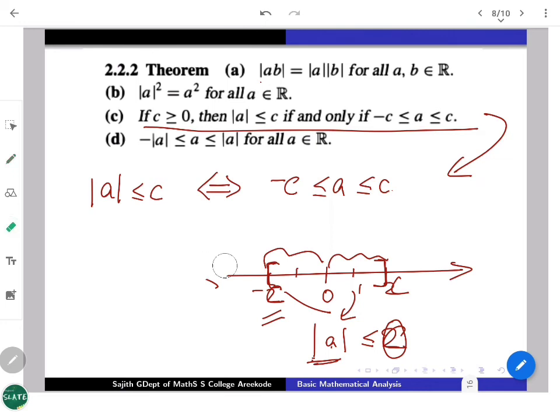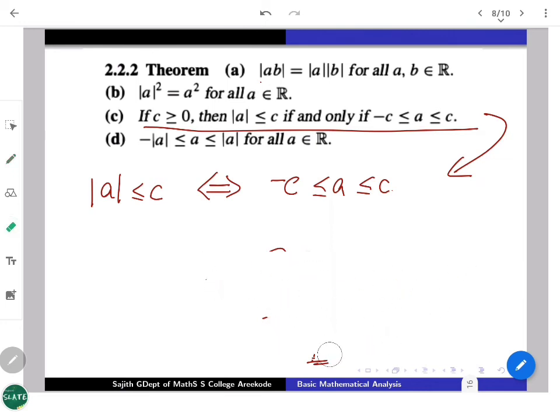So let us go through the proof, how it comes. What are the ingredients needed? See, if you are assuming this part, that modulus of A is less than or equal to C. Modulus of A, how does the evaluation come?